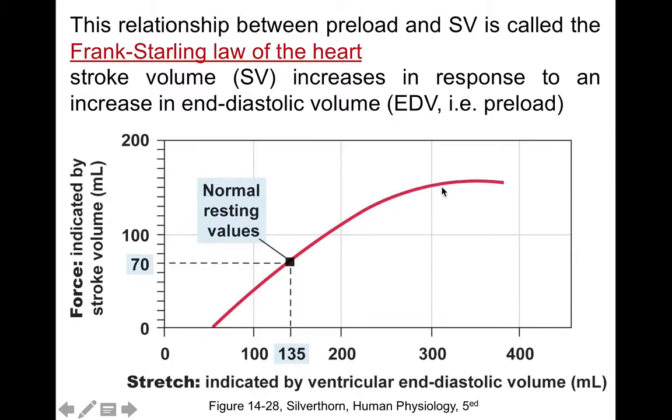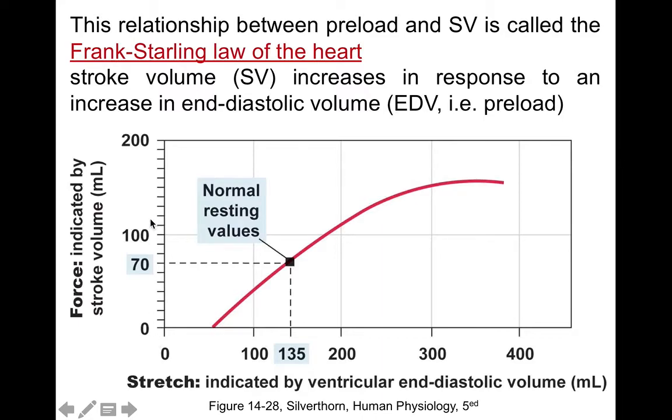There comes a point where you fill it to such an extent that the heart can no longer increase the force or the stroke volume. You start to plateau and maybe even start to decrease at the end. But during normal physiological levels, you see a linear relationship between filling of the heart and the power generated by the heart to pump this blood.